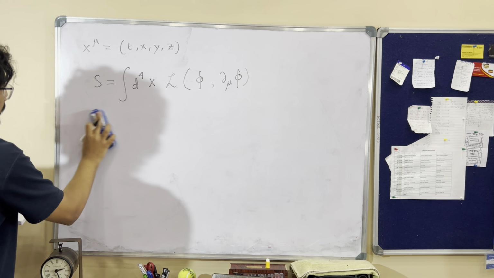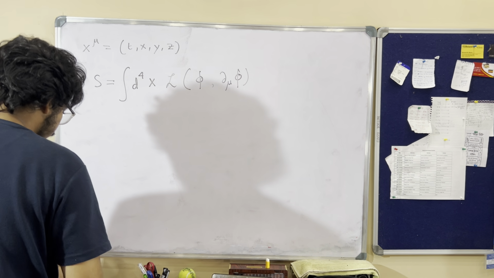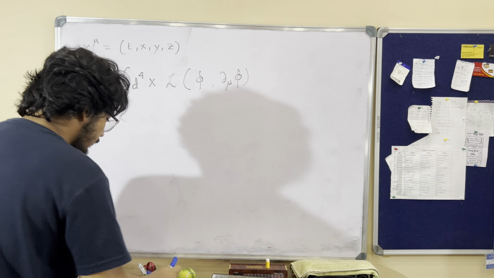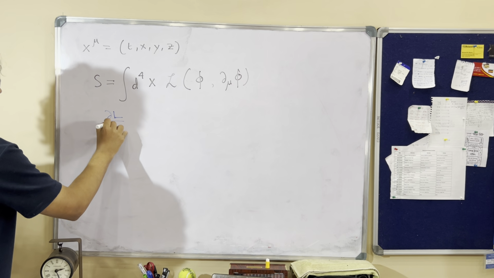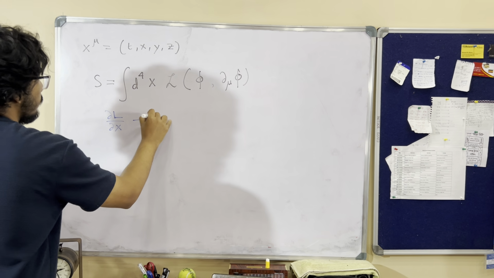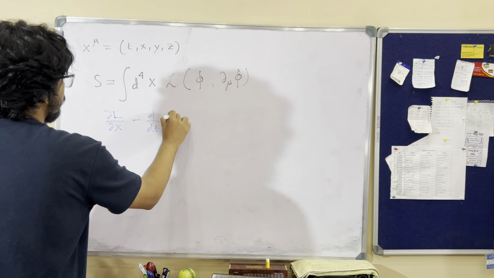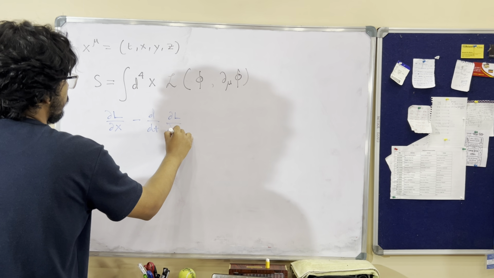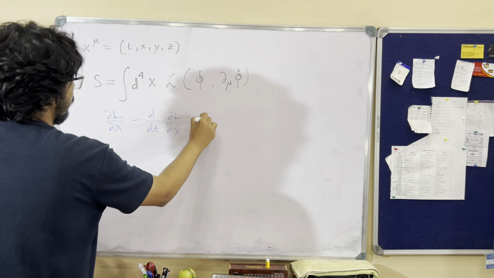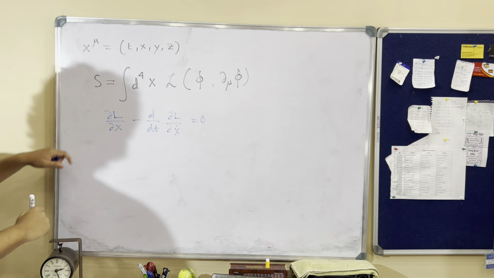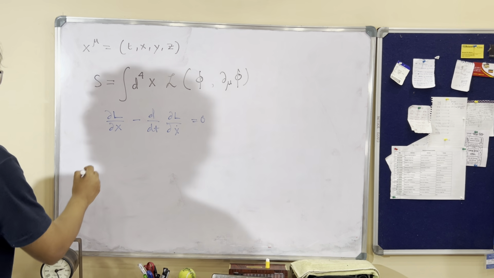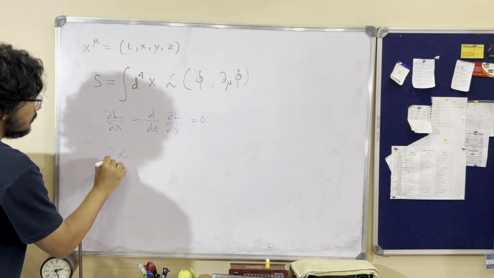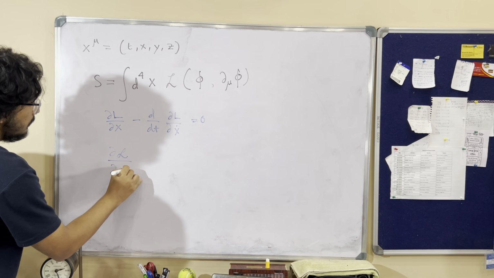Okay. And the Euler-Lagrangian equation that was previously like this, previously it was like this, but now our variable is not anymore x, but now it's phi. So the Lagrangian density will be looking like this.